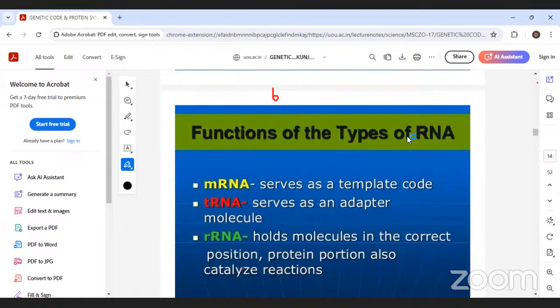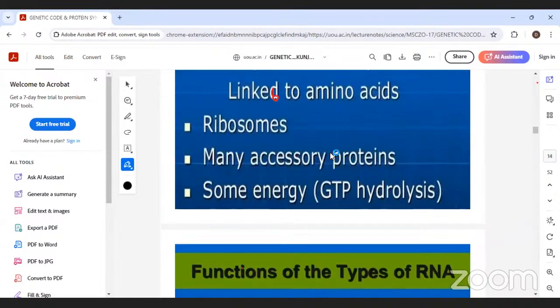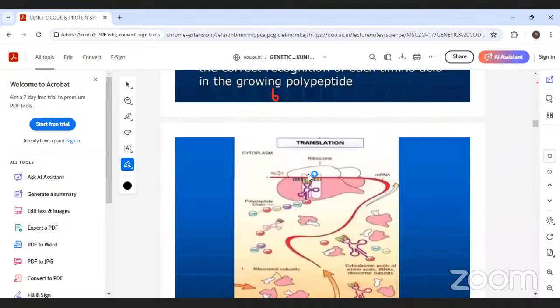See the function of the types of RNA: mRNA serves as a template code, tRNA serves as an adapter molecule, and rRNA holds the molecules in the correct position and also catalyzes protein formation. In this picture you can observe this part is the mRNA.